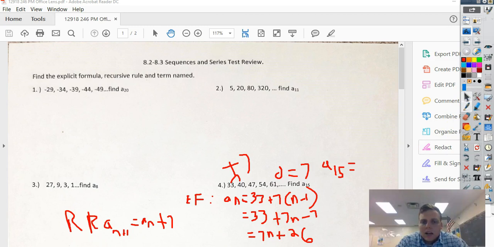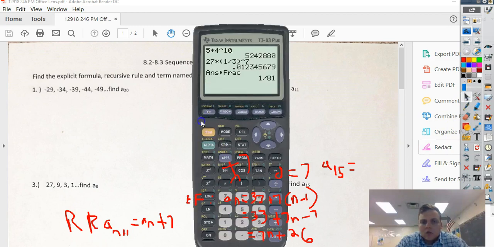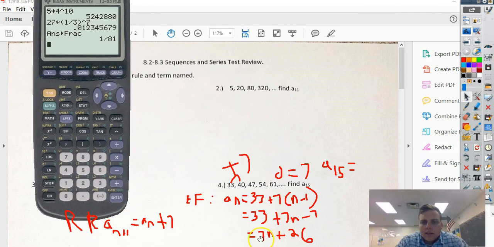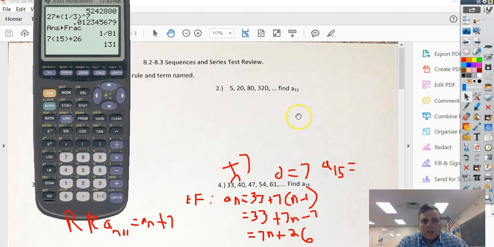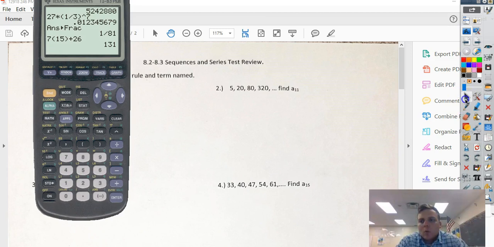So I can simply say 7 times 15 plus 26. Enter, and I get 131. So the 15th term is just 131. Bam, wham, thank you, ma'am.